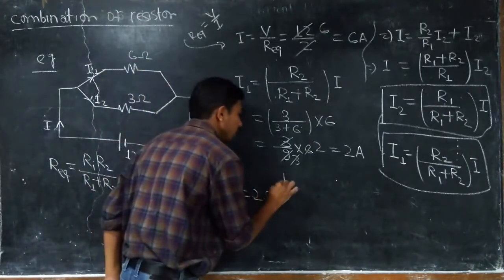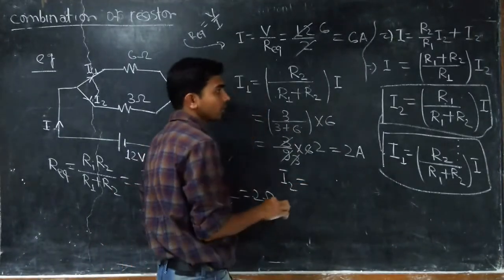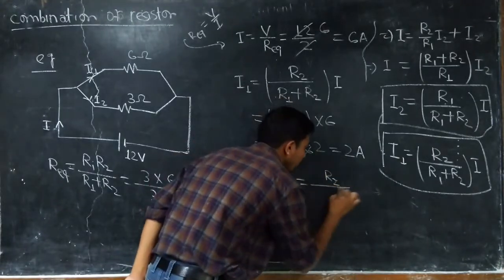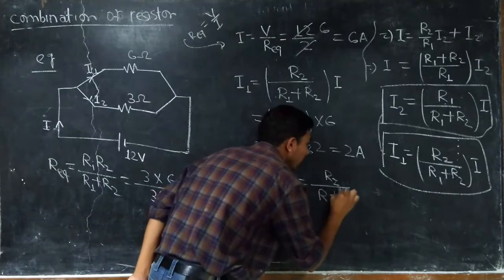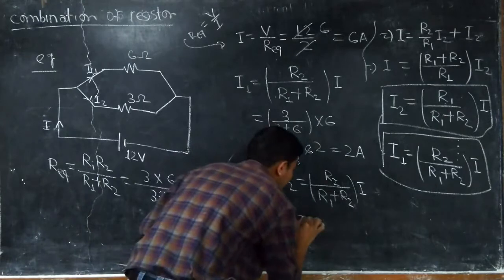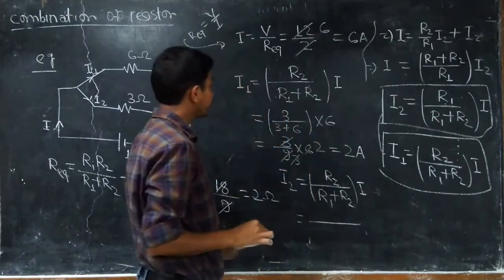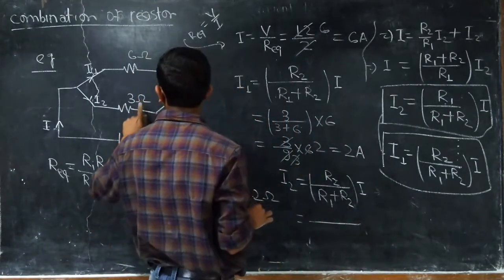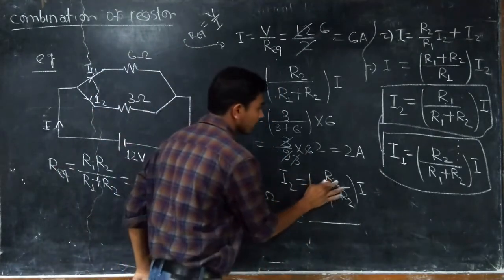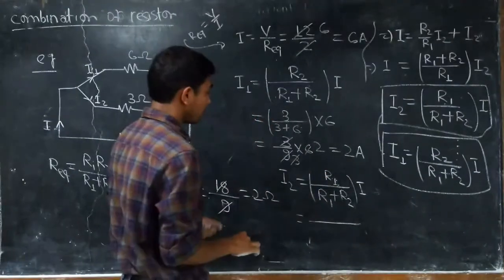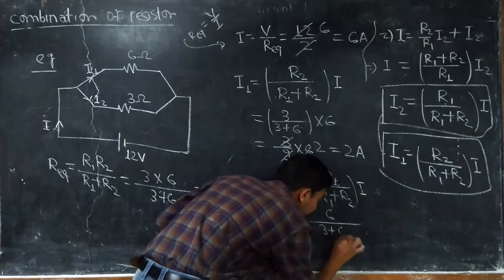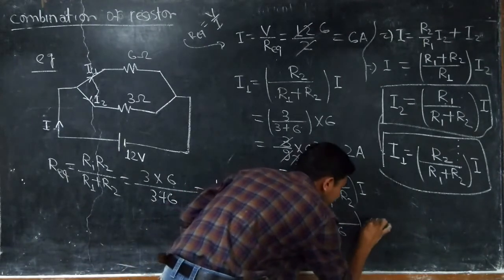Similarly, you are able to calculate I2. I2 is equal to R1 by R1 plus R2 into I, right? Sorry, here R1 will come, not R2. So your R1 is 6, and here 3 plus 6 into 6.